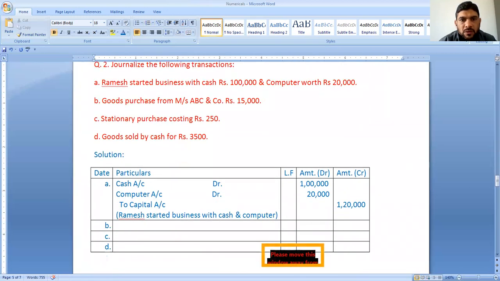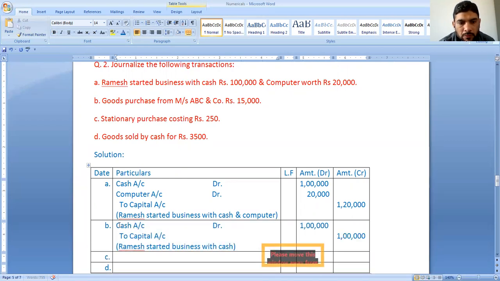Next transaction is goods purchased from Messrs ABC and Company, rupees 15,000. That means we have purchased the goods. When we purchase the goods, we write purchase account in the debit column. And if it is made by cash, then the cash will be credited. Or if it is made on credit, the supplier will be credited.